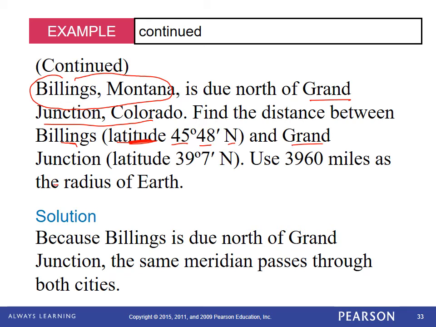For Grand Junction, the latitude line is 39 degrees 7 minutes north. And we use 3,960 miles as the radius of the Earth. So we got ourselves a little problem, because we don't want to know those particular angle measurements.